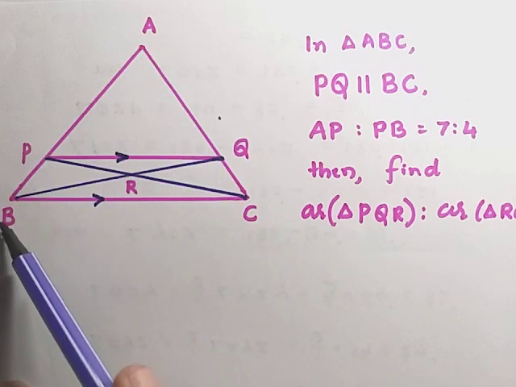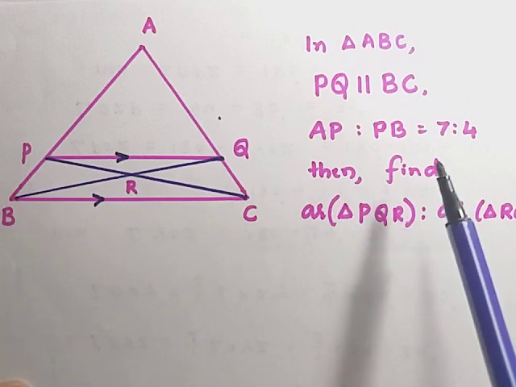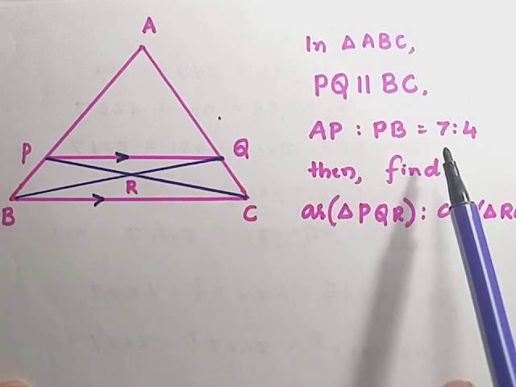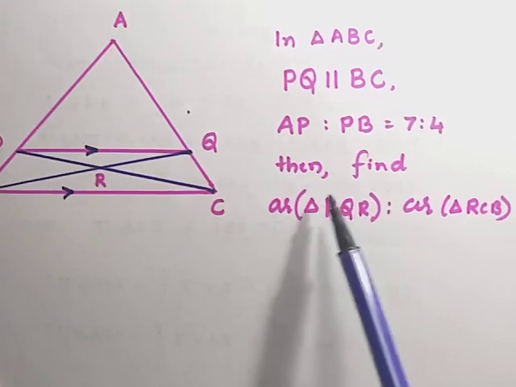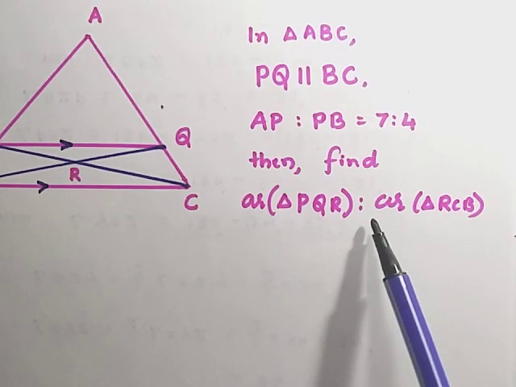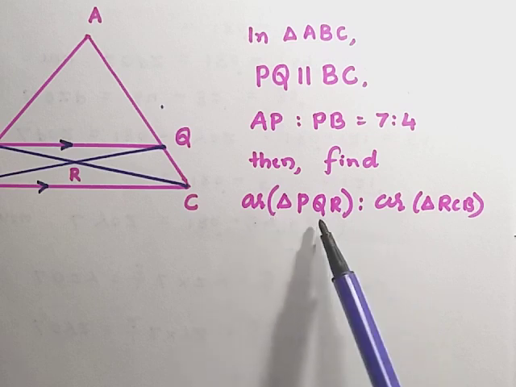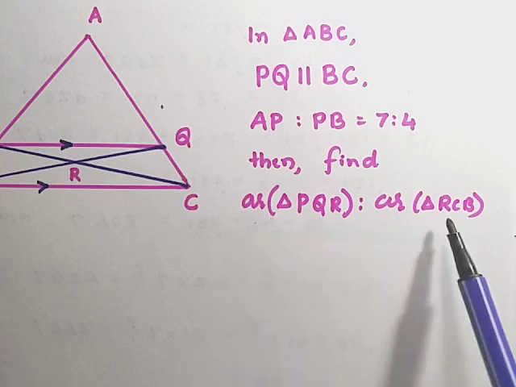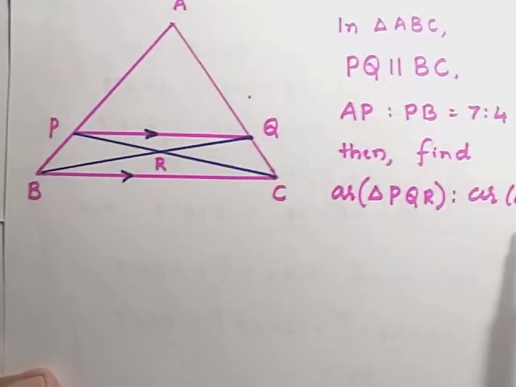Then find the ratio of the area of triangle PQR to the area of triangle RCB.